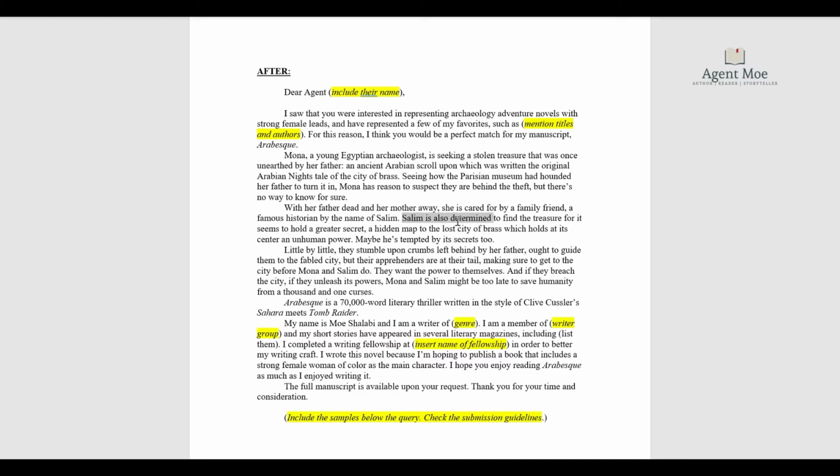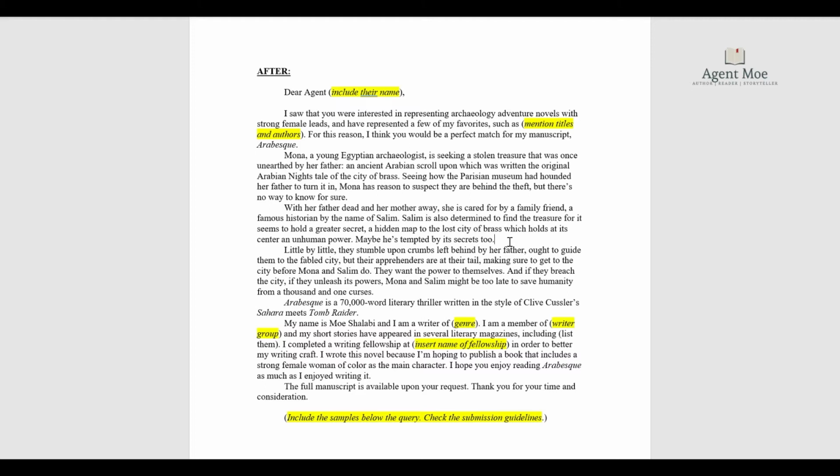Salim is also determined to find the treasure, for it seems to hold a greater secret, a hidden map to the lost city of Brass which holds at its center an unhuman power. Maybe he's tempted by its secrets too. So this gets the agent thinking, wow, this must be interesting, this must be intriguing. Again, it depends on the idea of your story, but you're pulling them, you're reeling them in.